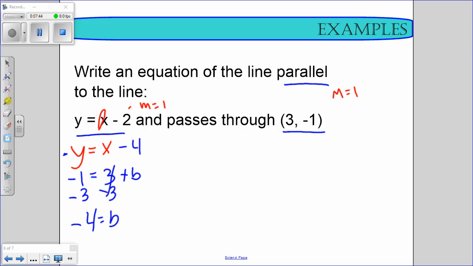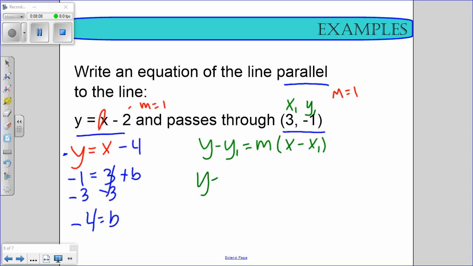The other way of doing this is plugging into the point-slope formula, right? So it was y minus y1 equals m times x minus x1. This is x1 and this is y1.